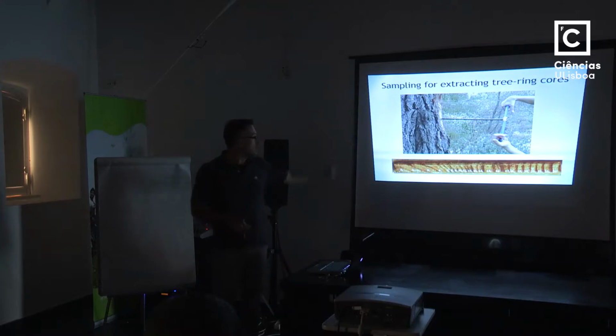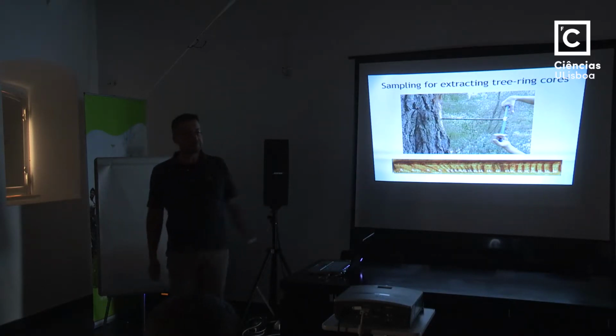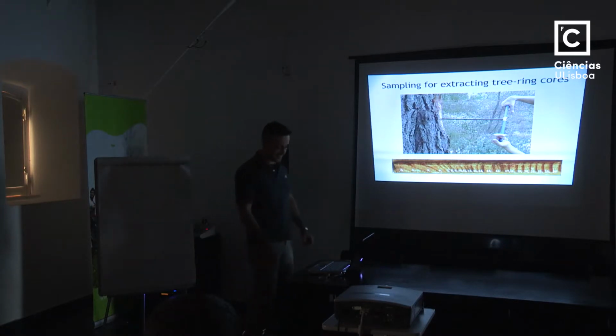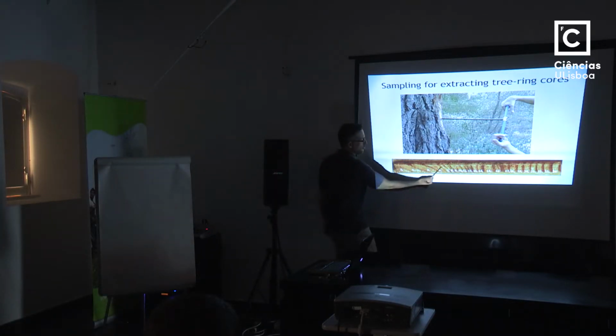You also saw how we record with an increment borer. Adriana can tell you stories from yesterday at dinner, how easy this is. Oaks are easy to find. They like their trees. They don't want us to get this information, but we managed to work with them. And this is how we count the number of rings.